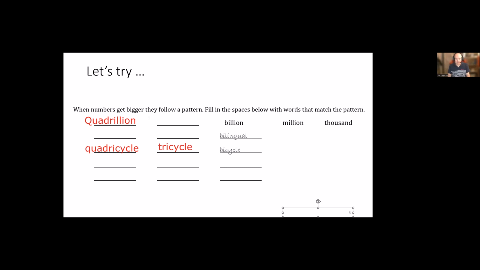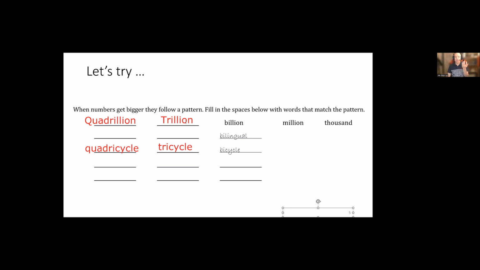So let's go ahead and then fill in those blank spaces. And the teaching point that I have for you is not that these new words should be something you remember immediately, but do you remember the pattern? Bi is 2, tri is 3, quad is 4. Can you use that to understand more when you hear it? And are you able to say it as well?